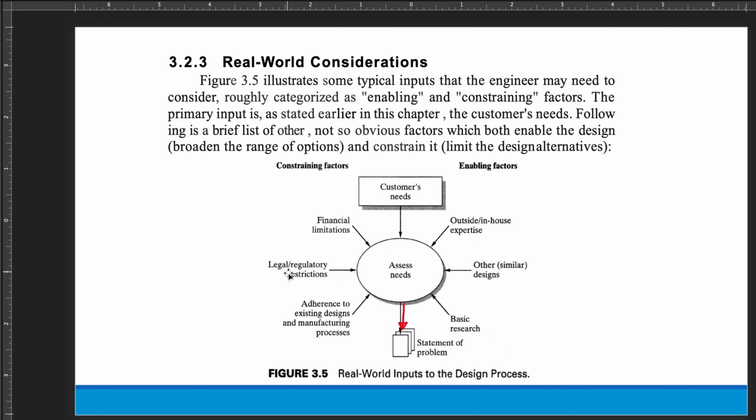There could be some legal restrictions, such that somebody has a patent and you can't really develop this without doing some discussion with the person that has the patent. And then also the company you're working for might want you to adhere to some existing designs, and you don't have free access to do whatever you want to do.